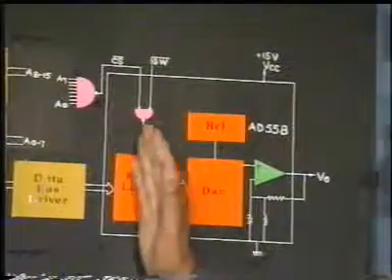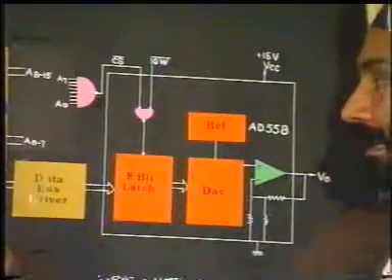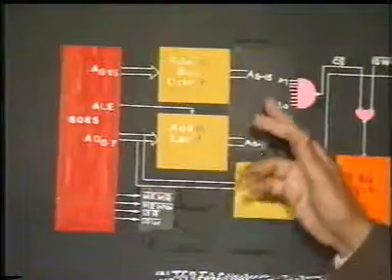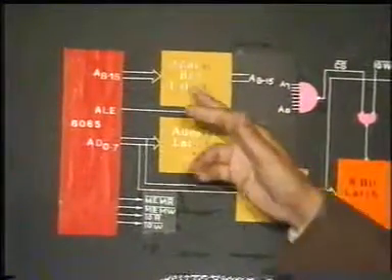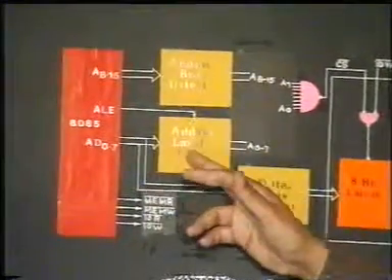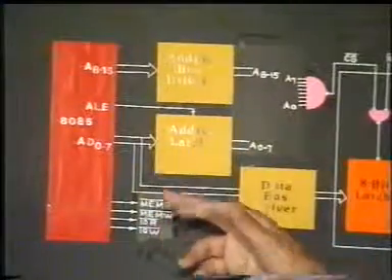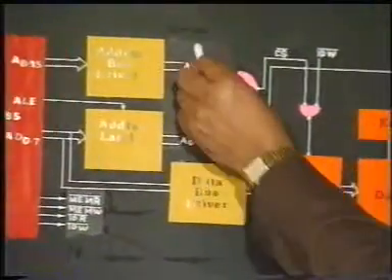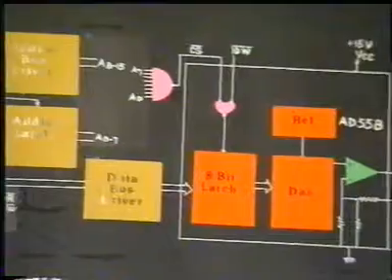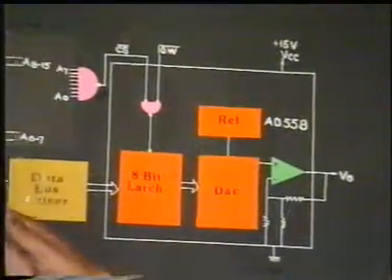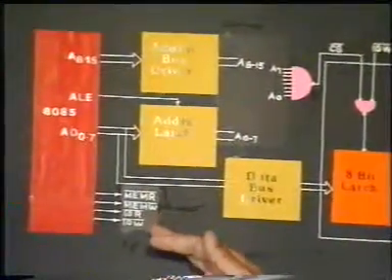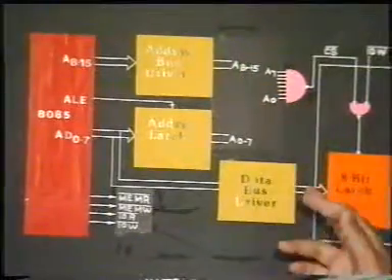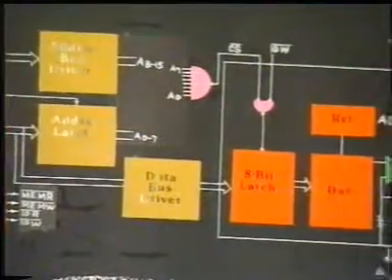Apart from this D2A converter, the microprocessor provides the address bus. After the address bus drivers and address latch for demultiplexing, and the data bus drivers provide sufficient drive on the system bus. So in all these systems, we presume that the control signals MEM-R, MEM-W, IOR, IOW, and the address and data bus are available to us. So we'll concentrate our discussion on this part.